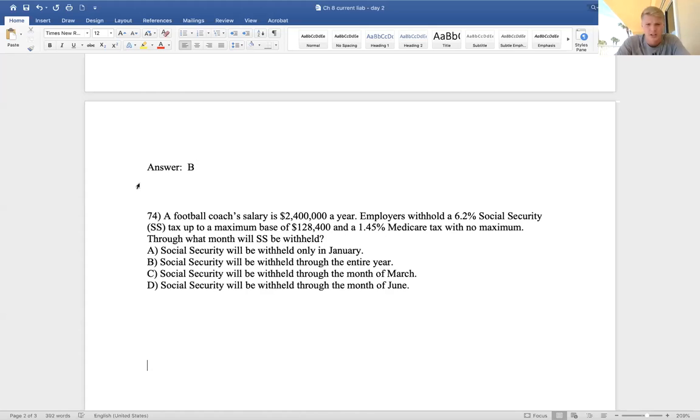Would it just be at the end of January? Right, in January. January is $200,000. So obviously, if the maximum amount that you withhold Social Security on is a base of 128,400, the coach will reach his Social Security max in January. And then the rest of the year, he or she would not have Social Security taken out of their check.